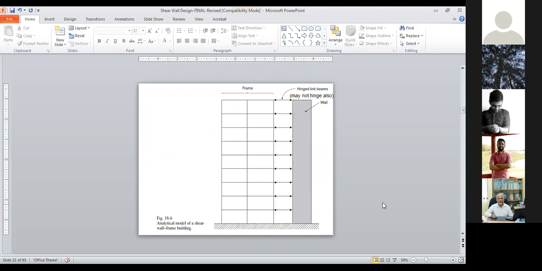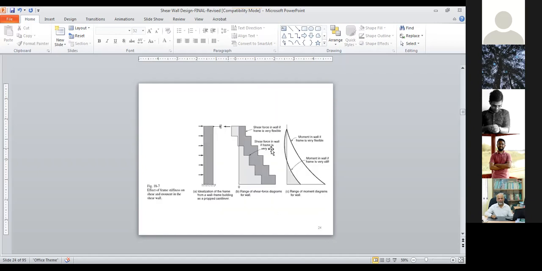In a shear wall frame building, of course, you can have the frame system and the shear wall together, and you may have hinges, or you may not have hinges, in the coupling beams like that. When you have the shear wall and frame action together, you will have a force.